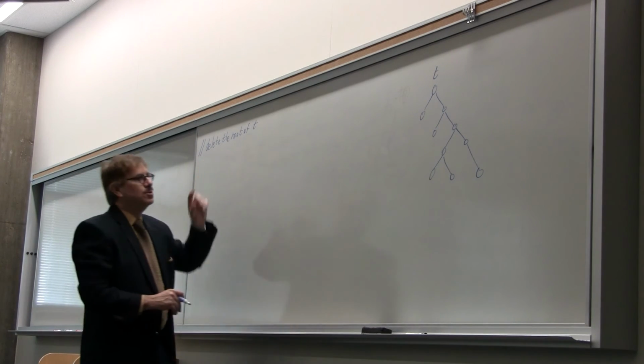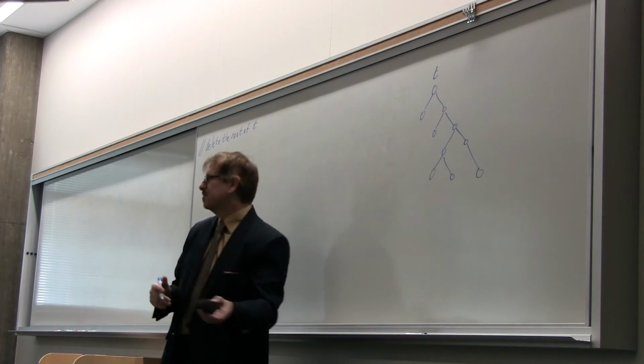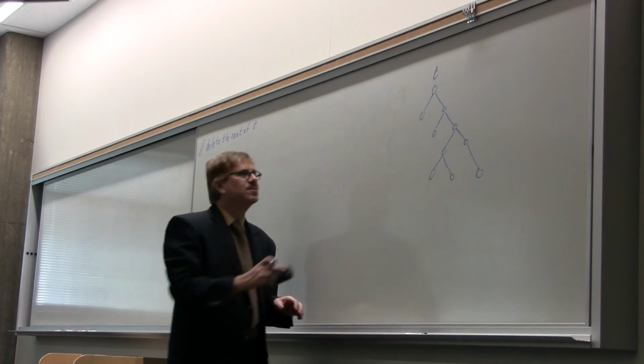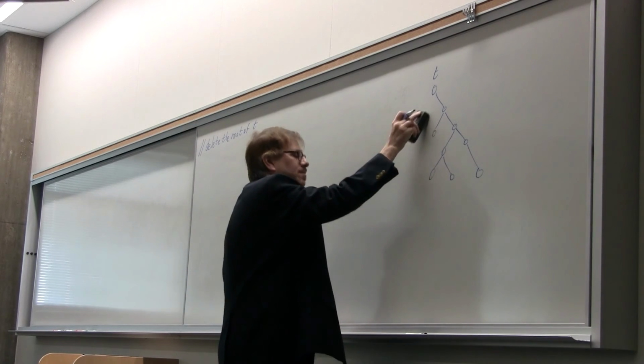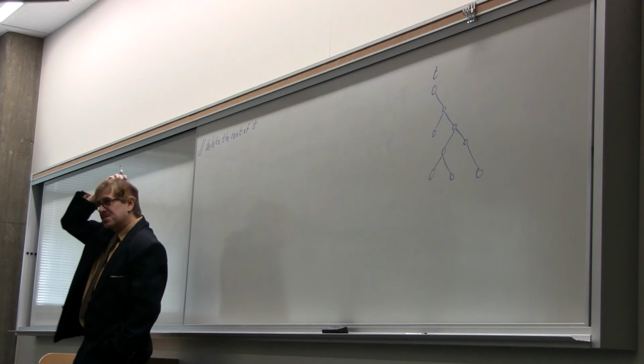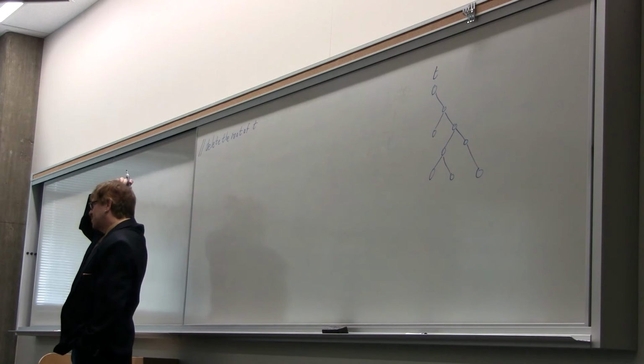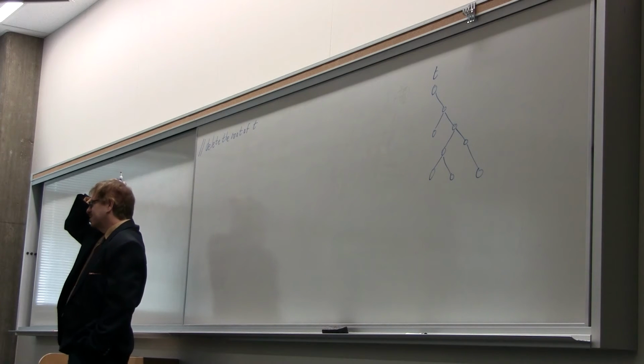So we want to delete the root of this tree T. And there's about 14 million cases for this. There's actually only 3 or 4. So the first case is there is no left subtree. If there's no left subtree, how can we find the largest thing in the left subtree?